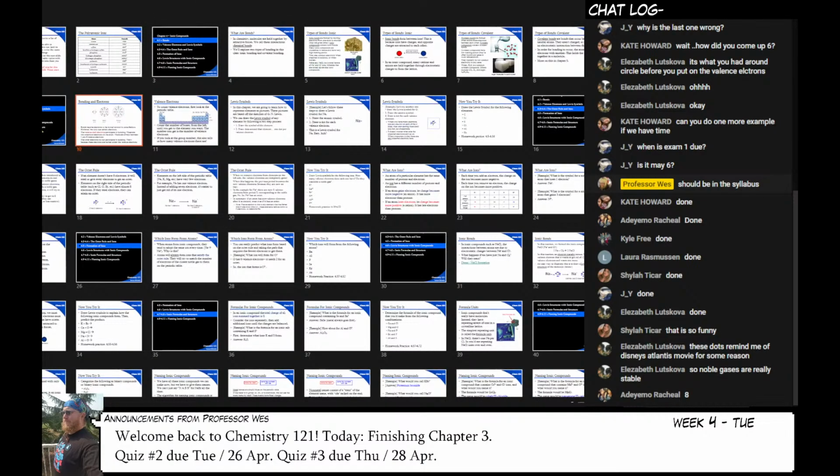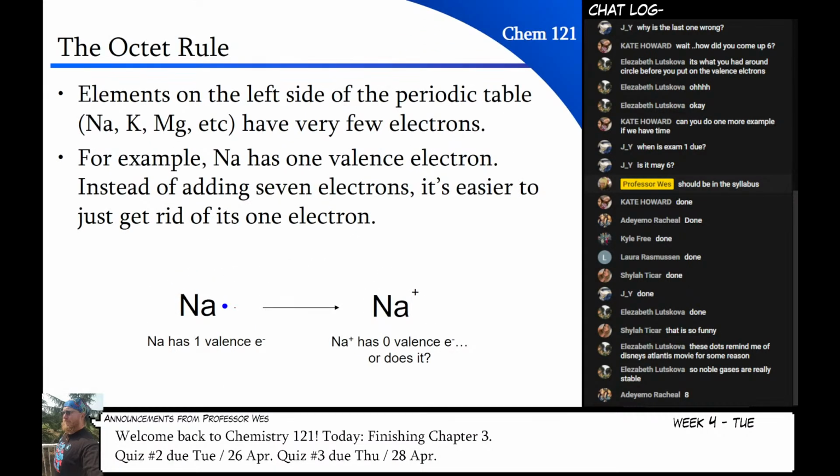So now we go back here to our sodium. We can say, okay, if I get rid of this electron, now the previous layer of electrons that neon had, because neon is the element before sodium, that will be my octet.